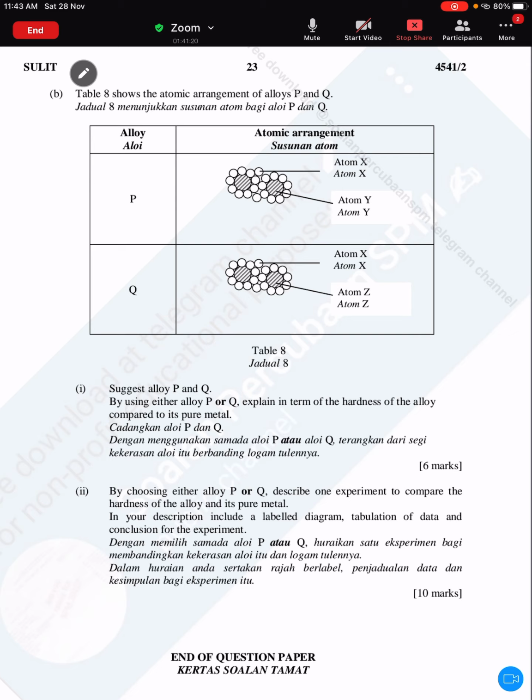Those are the advantages of alloys over pure metals that you need to know.